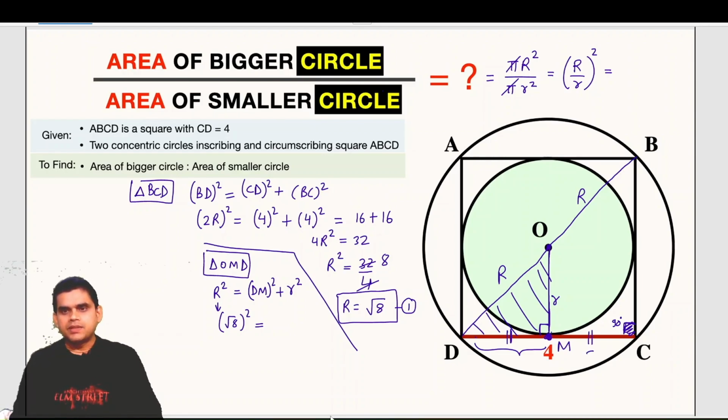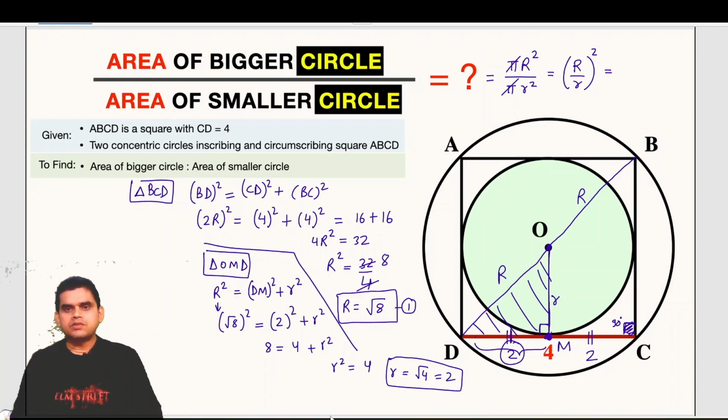So this will be 2 units and DM will also be 2 units. We can write 2 square plus small r square. So 8 is equal to 4 plus r square. r square is equal to 4. So r is equal to square root of 4, that is 2.